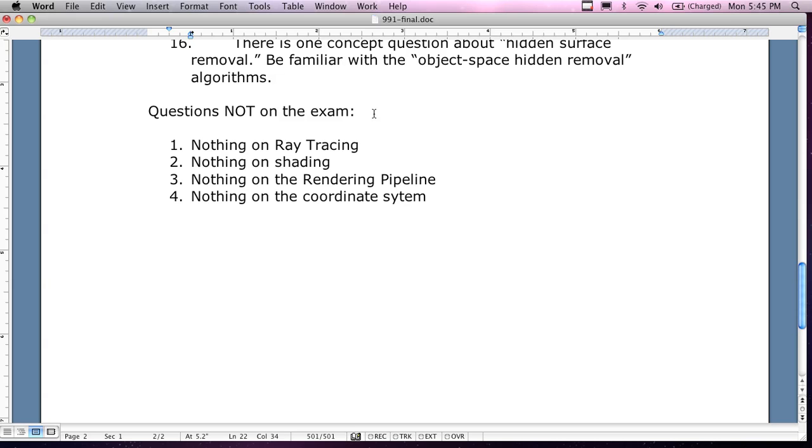Now I'm thinking of all of these topics I could have added. Coordinate plane system. Nothing on, what were you saying? Coloring, shading, lighting. There are a couple of lighting questions.